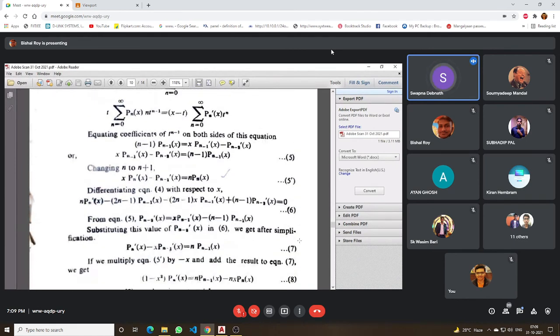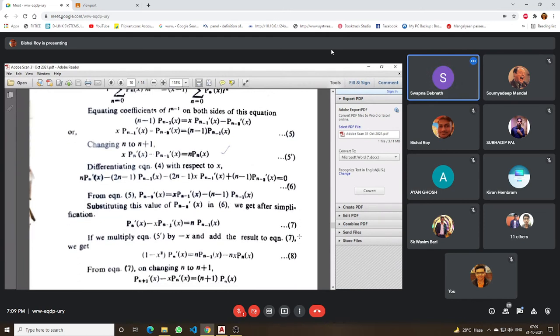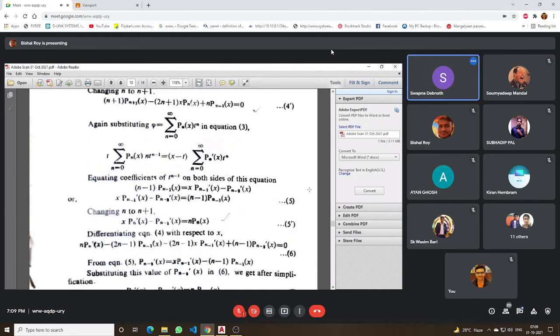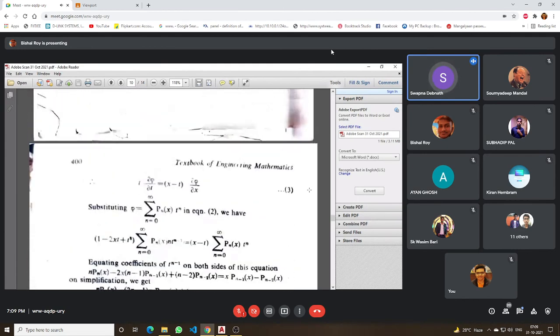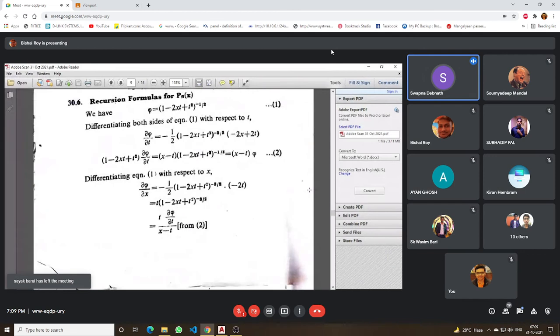There are some calculations also. These are called the recurrence relations. Therefore, how can we arrive at these recurrence relations? First, we start from the generating function, and then we differentiate ∂φ/∂t, ∂φ/∂x. We simplify them.